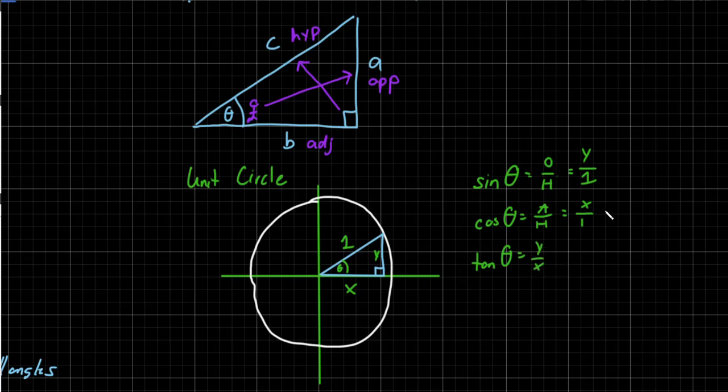Yep, y over x. So sine can simplify down to what? Y. What can cosine simplify down to? X. Boom. Right there is a coordinate. Our x is cosine of theta, and our y is sine of theta. So we can get that point. This is our x and y coordinate. We're going to talk more about that tomorrow.